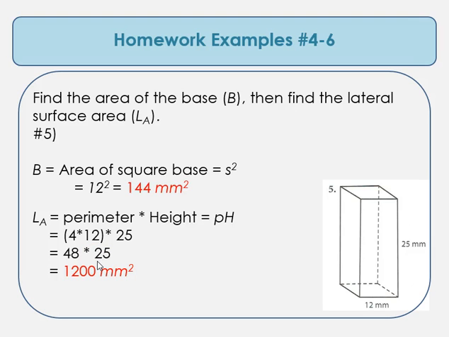So 4 times 12, and the height is 25 millimeters. 4 times 12 is 48. 48 times 25 is 1200 millimeters squared. So in numbers 4 through 6, they're only asking you to solve these 2 items. They're not asking you to solve for the total surface area. So don't get yourself confused and solve for more than you need to.